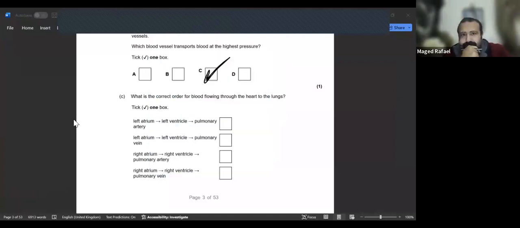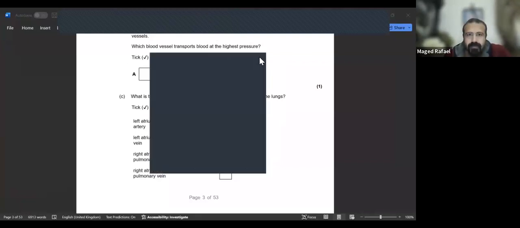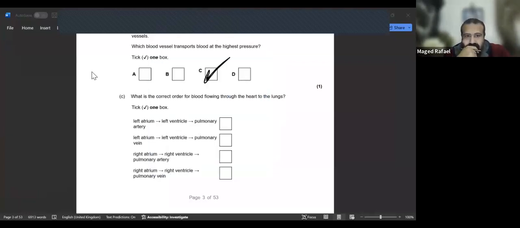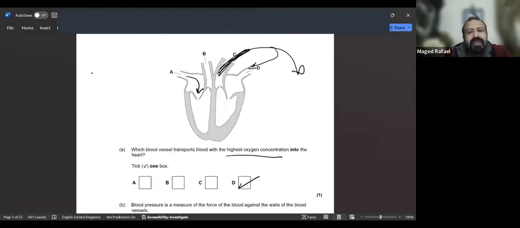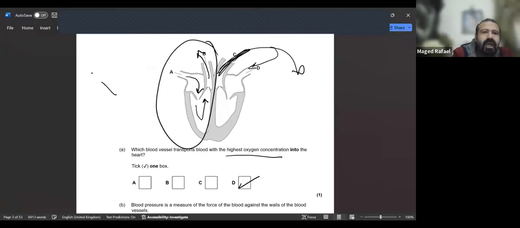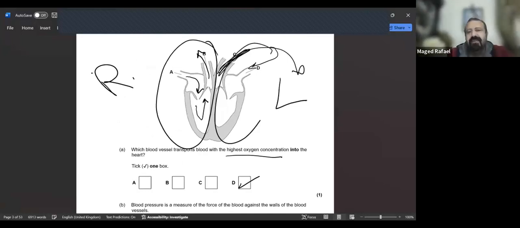Is it okay now? Definitely from the right side, from the right atrium to the right ventricle. That's what we said, from the right atrium to the right ventricle, and then to the lungs. Again, guys, this is the right side. R is right, L is left. Don't forget, this is the left side of the heart.